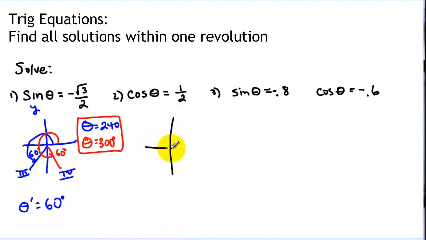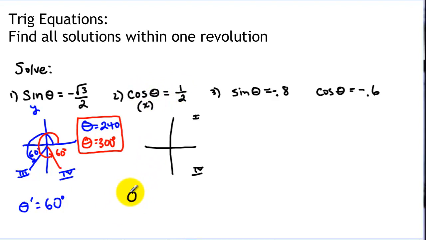Let's make a little sketch. Now cosine is related to the x, and x's are positive in the first quadrant and the fourth quadrant. So we have those two solutions. And from our table of special values, the cosine is equal to 1/2 for the 60 degree angle.